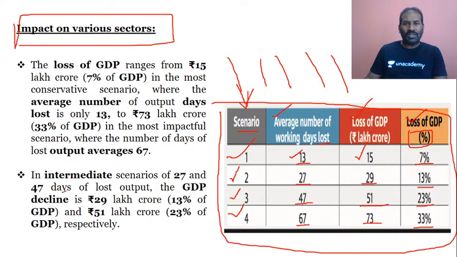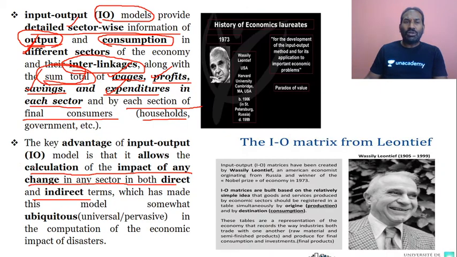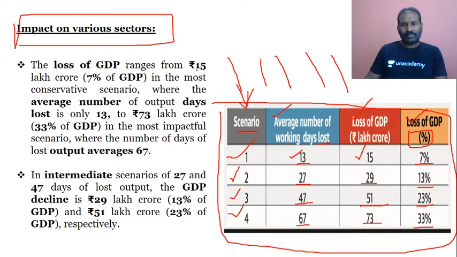It has to be quantitative and based on the IO model, because with the IO model, the government will have a clear understanding about which sector is being hit badly and what the immediate cascading effect will be on the other sectors.